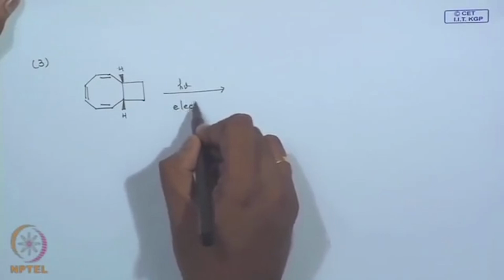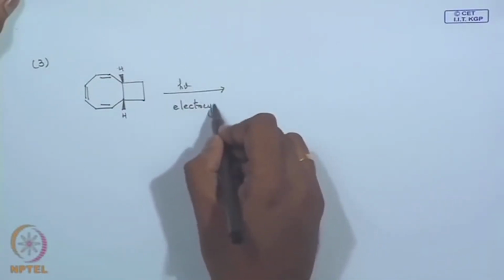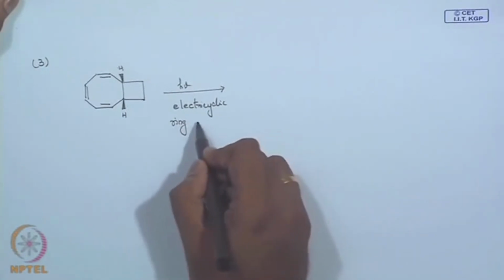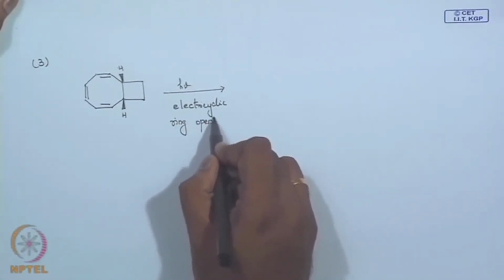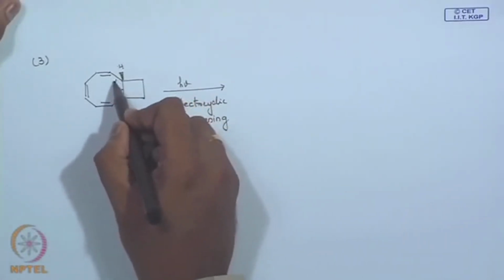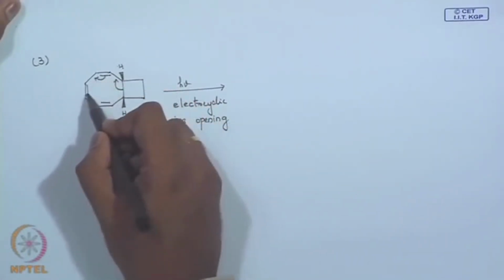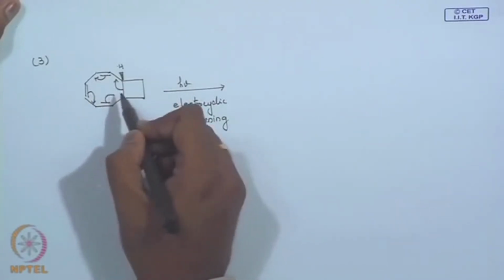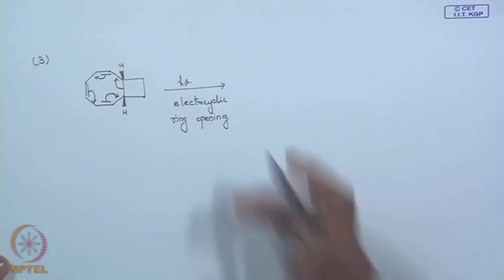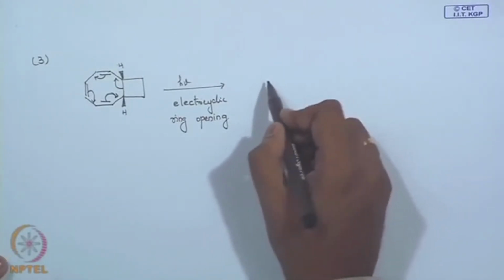Very good. So, you get a nice electrocyclic ring opening, right. So, I can do this, a very good ring opening reaction. So, shall we write the product?